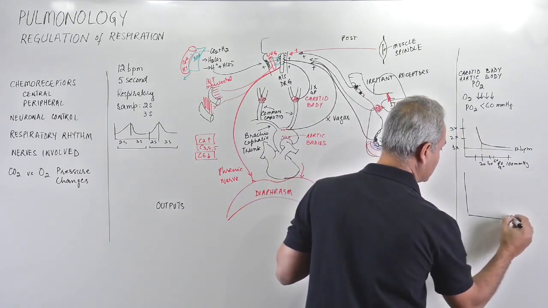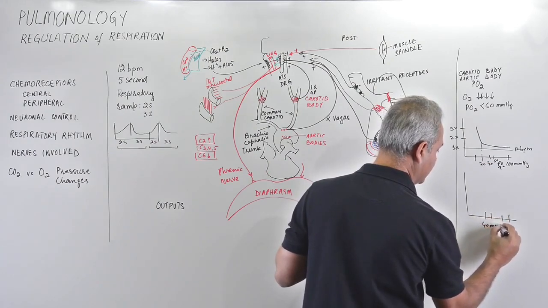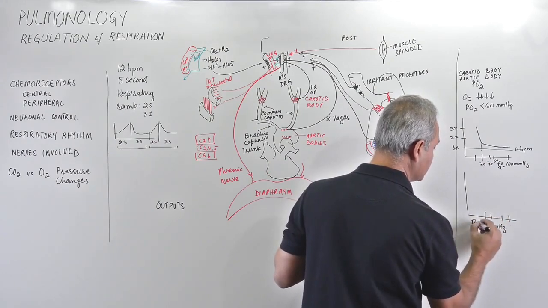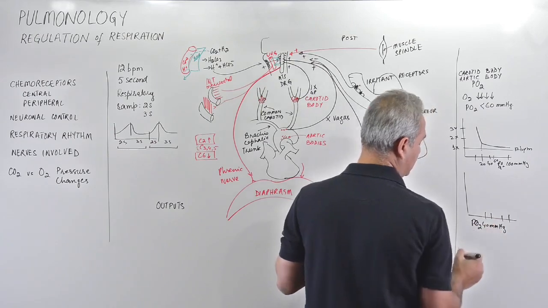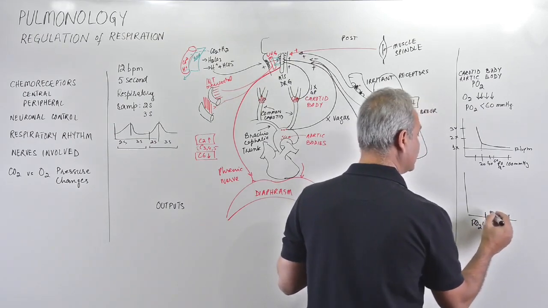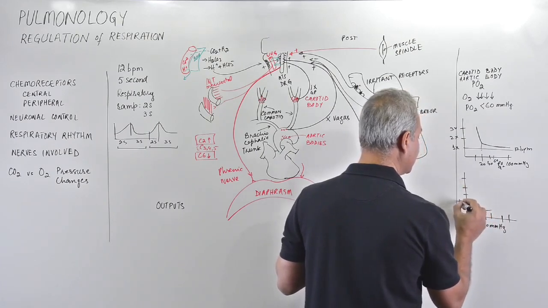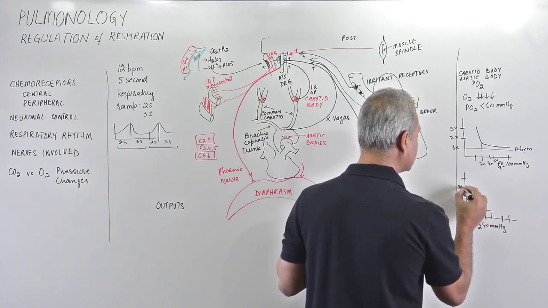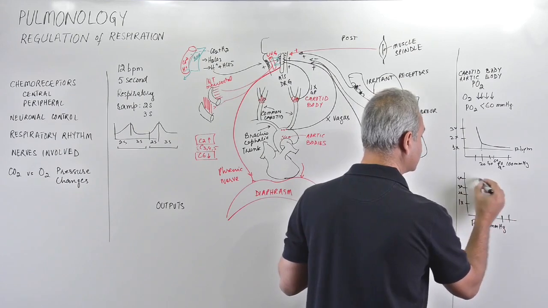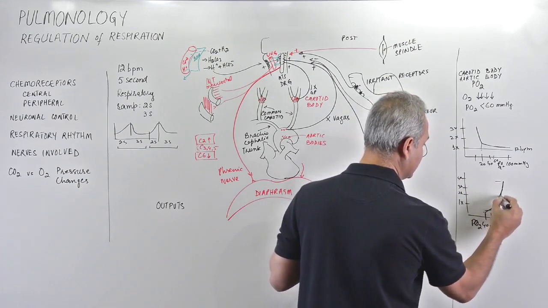Carbon dioxide, we know that normally it is at 40 millimeters of mercury, PCO2 rather. When it goes from 40 to 60, only 20 more, it causes the breathing rate to go up 4 times. This is the effect.